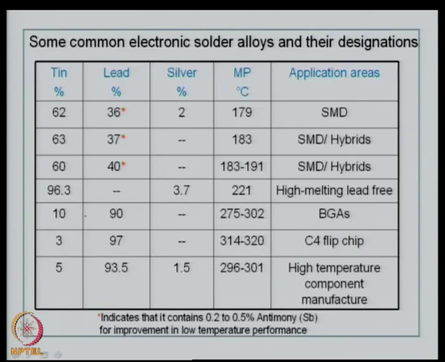Some of the common electronic solder alloys and their designations will now be discussed. So, we have seen tin 62, lead 36, and 2% of silver added normally to reduce the melting point from 183 to 179.